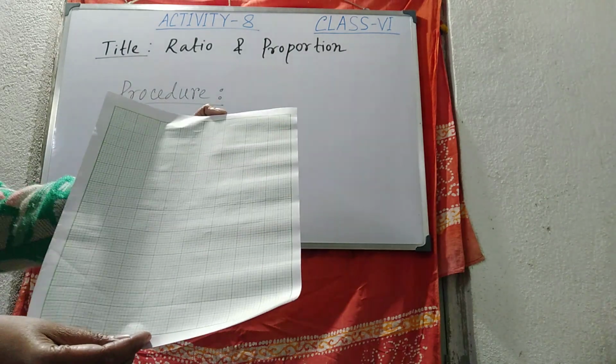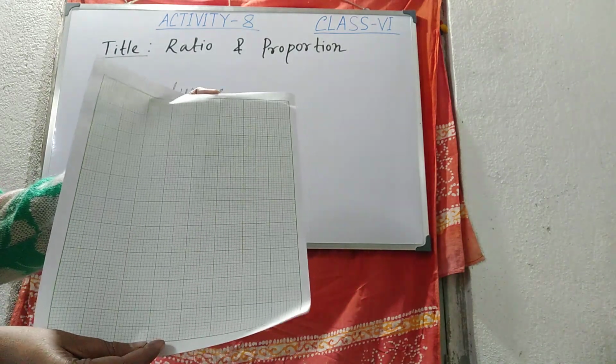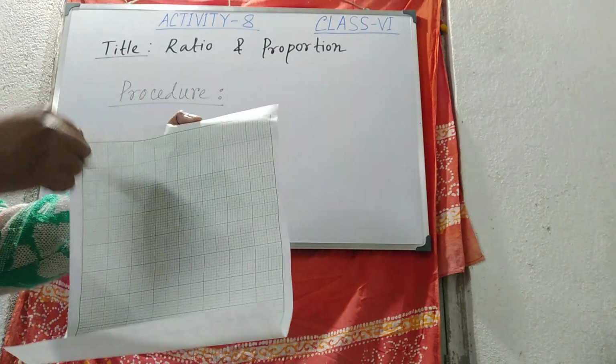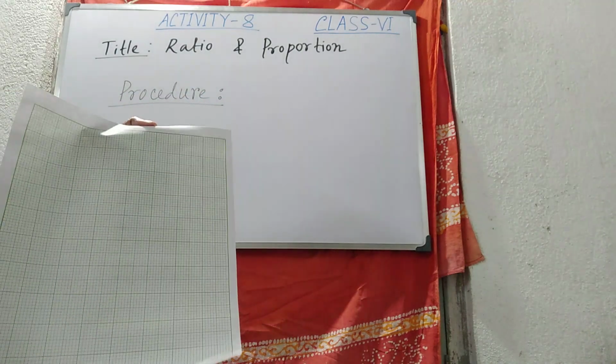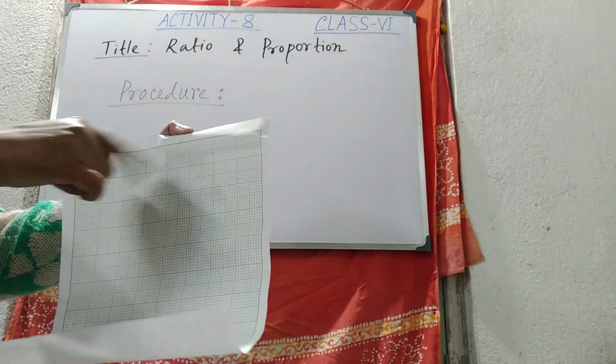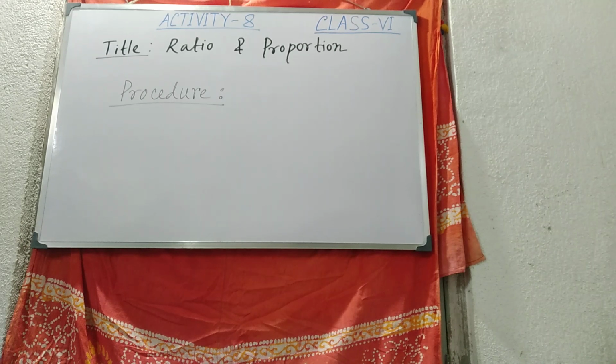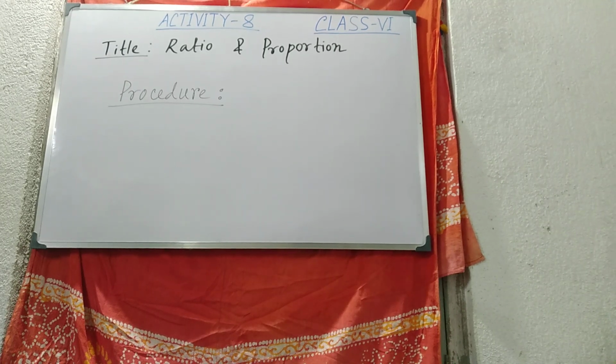In this way any finite number of boxes you can take. For this you have to make a boundary. After that, by using a pair of scissors, you can cut it, and then by using different sketch pens, you have to color each box like this.